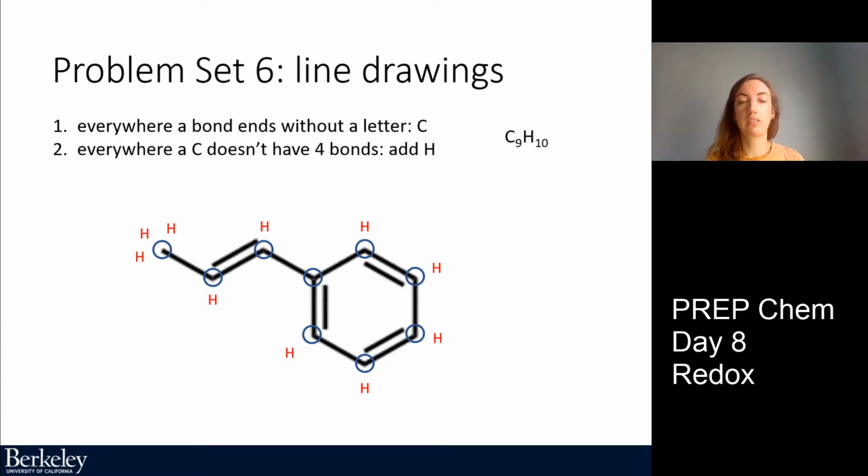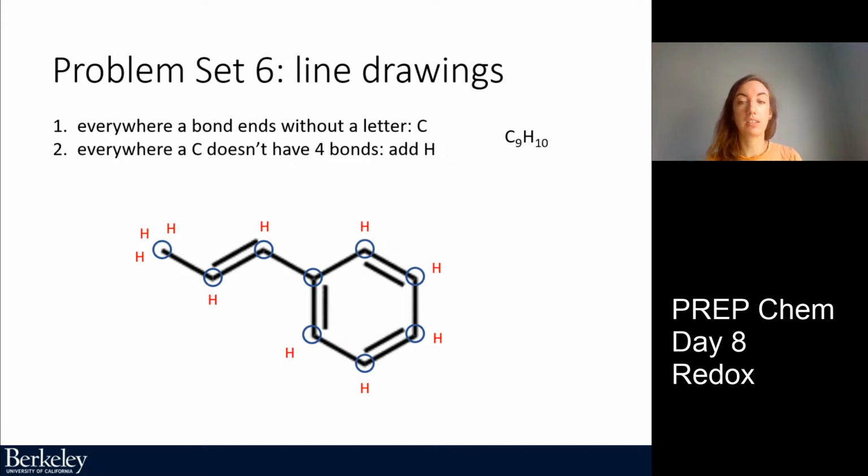So if this is something that is still tripping you up, that's fine. It is kind of confusing because it's sort of like, why did we pick carbon? And the answer is really just because it's so common that that's the one we got the most tired of drawing. But it definitely can be confusing, and it's something that just gets a lot easier with practice. And one thing I wanted to say is that the only elements that are invisible in these line drawings are carbon and hydrogen.